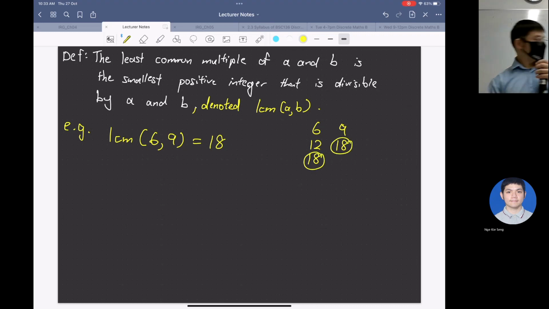So what's the use of this LCM here? One of the uses is when you combine it with GCD.